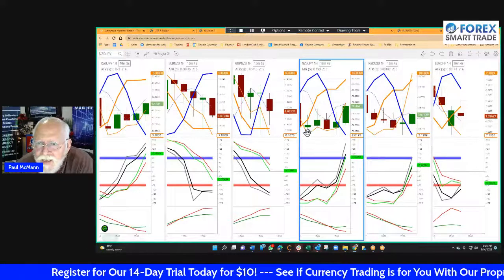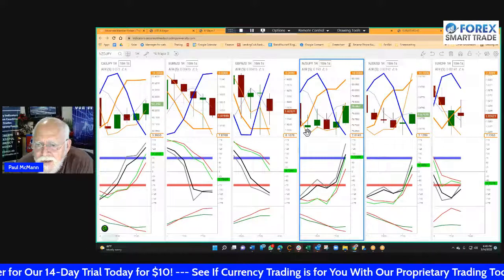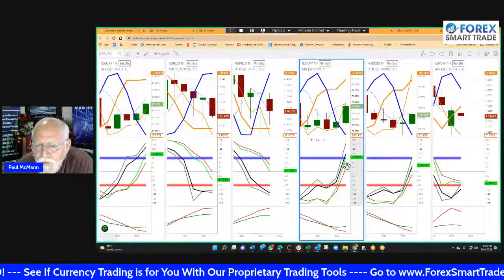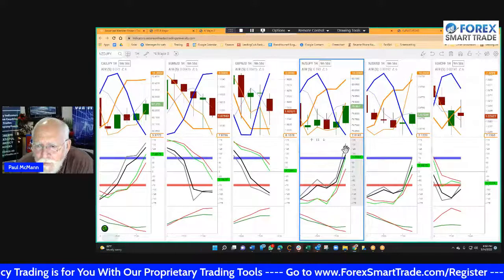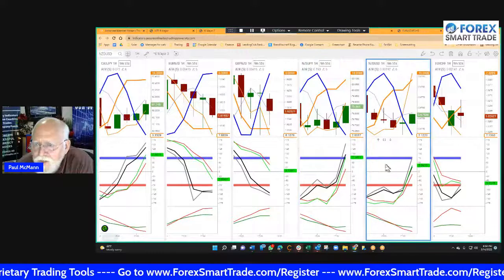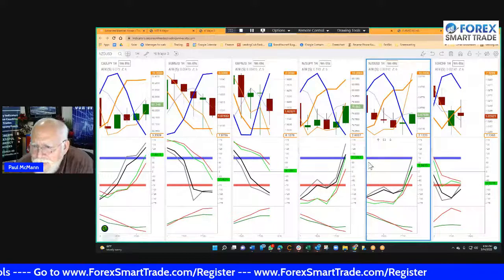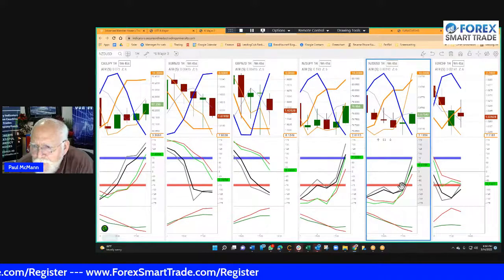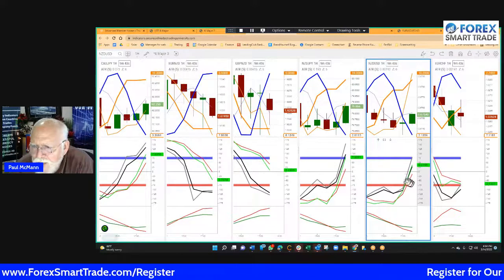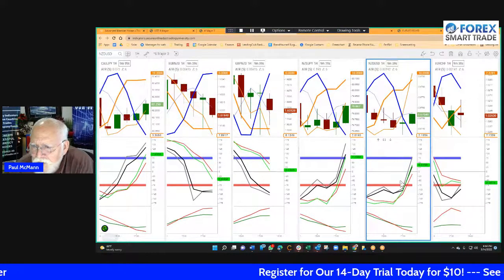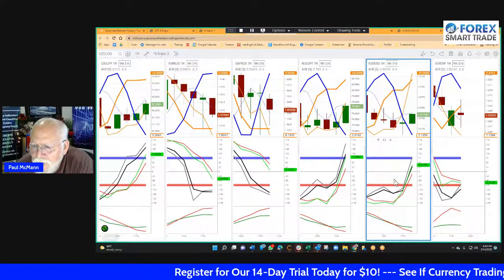New Zealand yen. We are more than halfway through the channel. The miners are actually overbought. New Zealand USD. Again, more than halfway through the channel, so I'm gonna hold off.